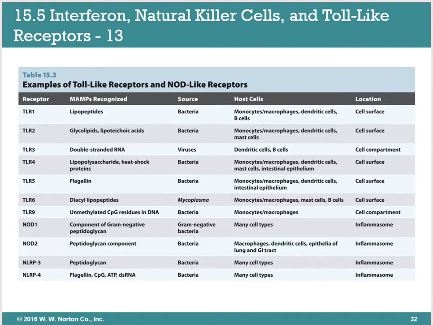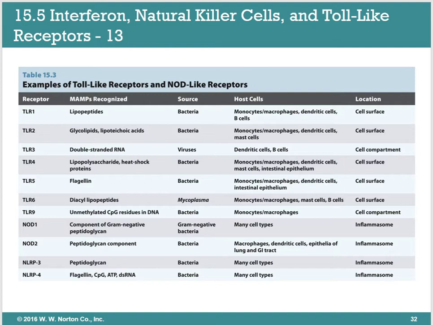This is just a table that briefly summarizes TLRs and nods. This is not a complete table. I want to say there are about 14 documented TLRs, and for nods I think there are about 6, if I remember correctly. I know there are a lot more than this.